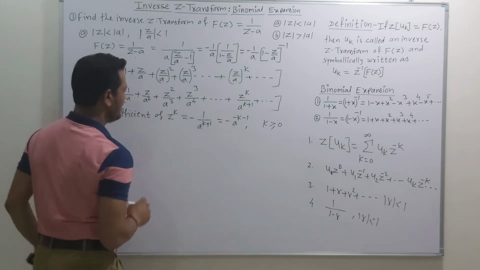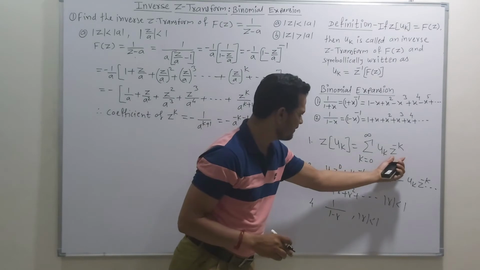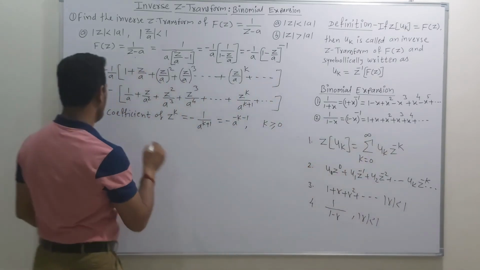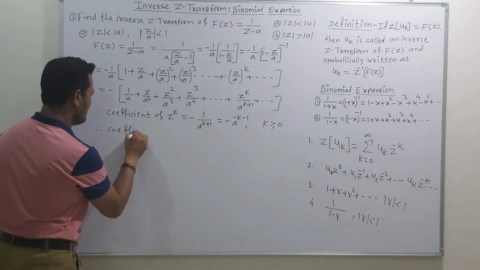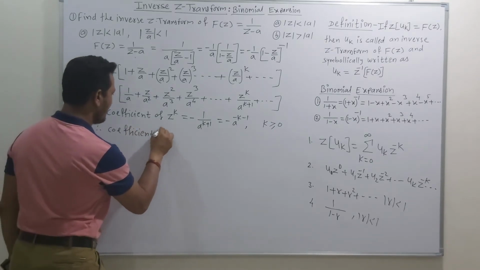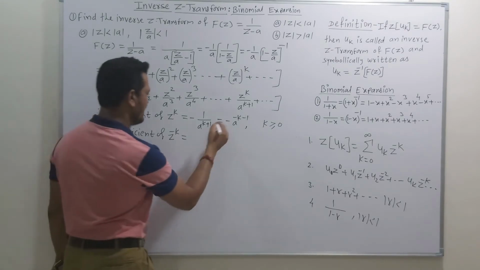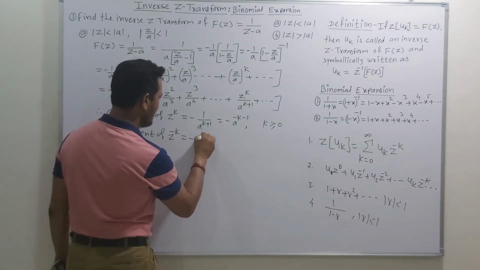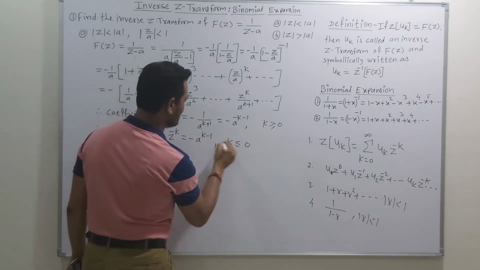Now here we get the value of the coefficient of z raised to k, but our aim is to find the coefficient of z raised to minus k. So the coefficient of z raised to minus k is a raised to k minus 1, with k less than or equal to 0.